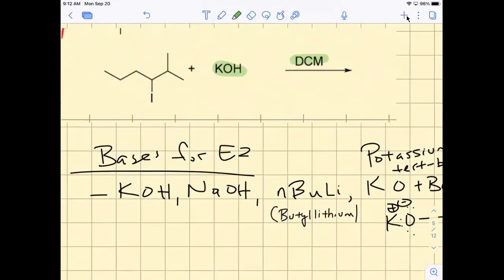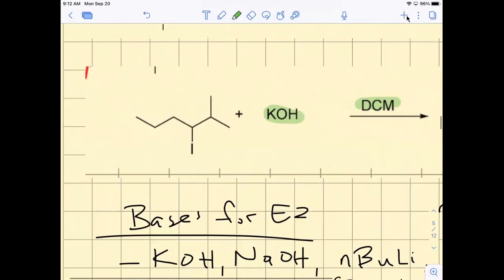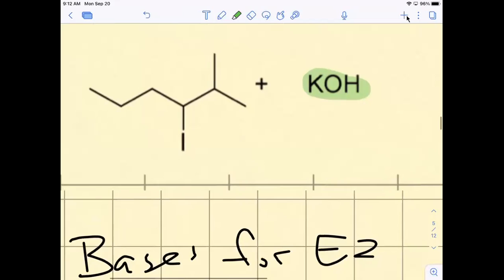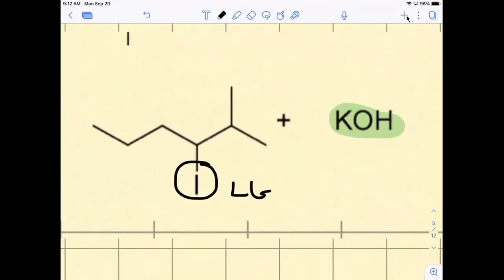All right, so with elimination, if you recall from organic 1, when you're doing elimination, you always get a pi bond in the product. And so here, what we need to do when we're thinking about elimination reactions is, first of all, identify my leaving group. Once I find the leaving group, which again is going to be more than likely the most electronegative atom or functional group, the next thing to do is identify what I like to call the alpha protons.